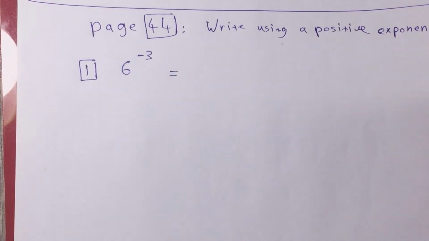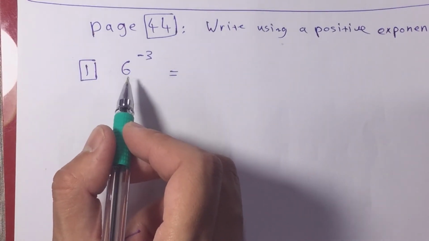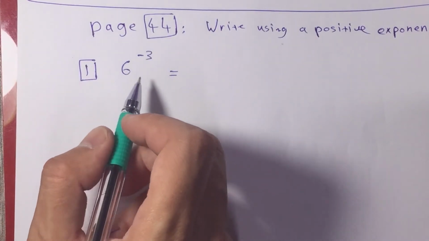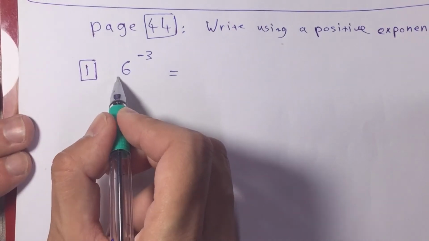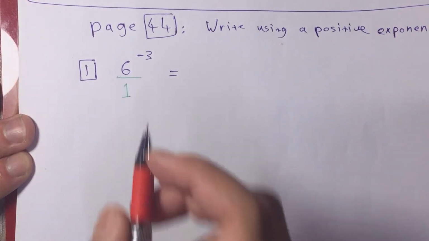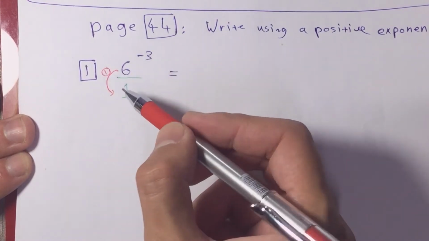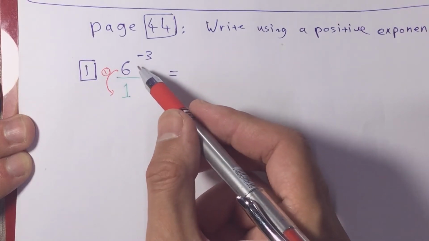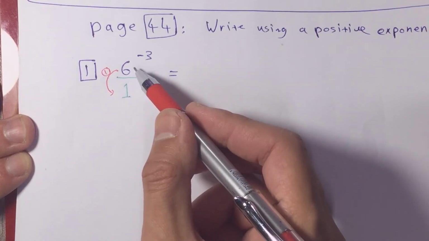We have two steps. First of all, is this 6 in the numerator or in the denominator? It is obviously in the numerator, so the denominator is 1. The first step is to change its place. If it is in the numerator, change it to the denominator, and if it was in the denominator, bring it up to the numerator.